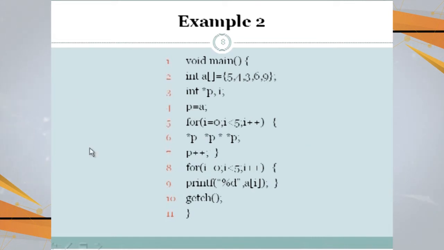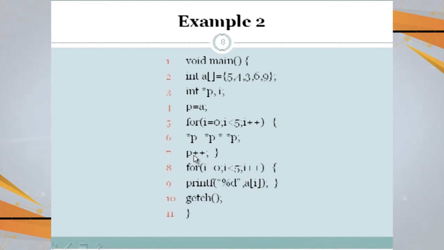So the value at the third element is 3, 3 multiplied by 3. The new value returned by the expression is 9. So the third element of the array will be reinitialized by using *p, and thus the value at the third element will become 9. Then p++ will again increment the value of the pointer variable by one element.